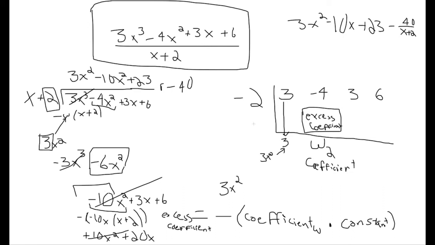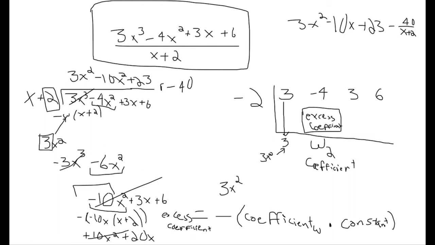And it is going to be the excess's coefficient, negative 6, plus the coefficient of the second term, right? So we already have the coefficient of the second term. We just have to find out what the excess coefficient is. Obviously, we know in this case it's negative 6, but in general, we wouldn't just know that.